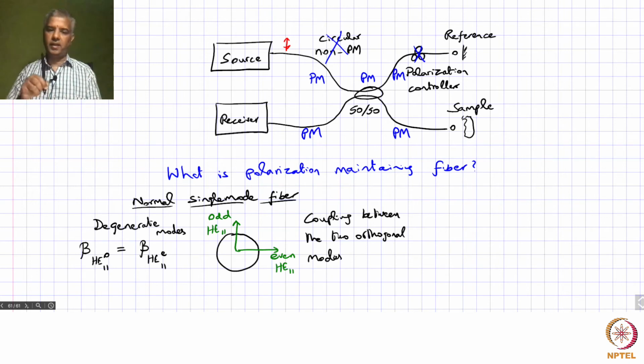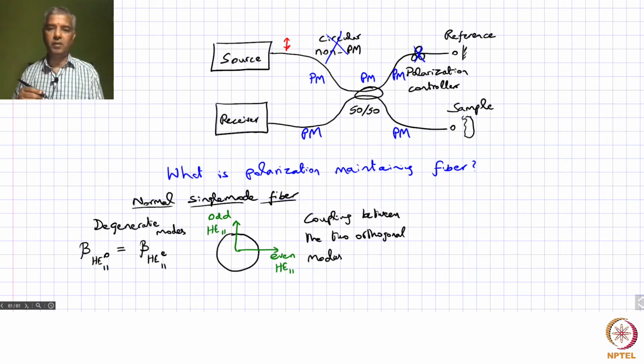It could be linearly polarized to start with, say vertically linearly polarized, but then over a period of time it might rotate, and maybe there could even be a retardation of this polarization with respect to this polarization, in which case, rather than being a linearly polarized mode, it goes into an elliptically polarized mode, and it could even go to a circularly polarized mode.